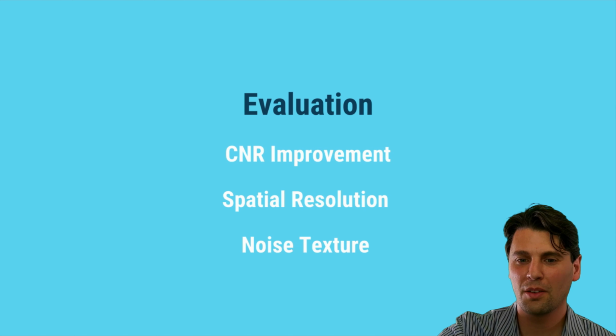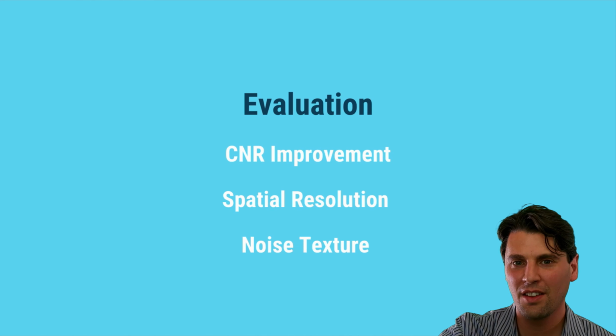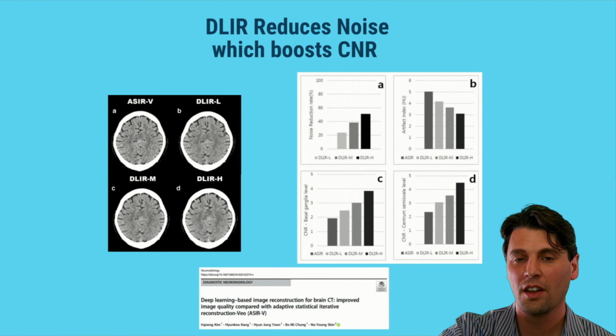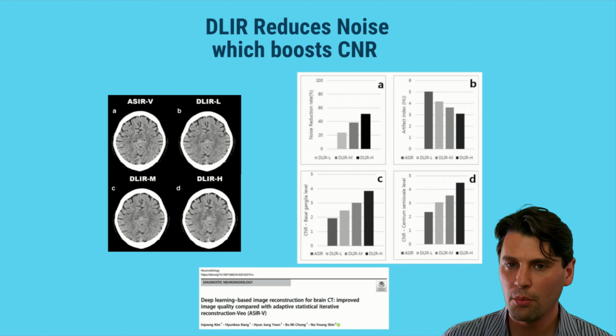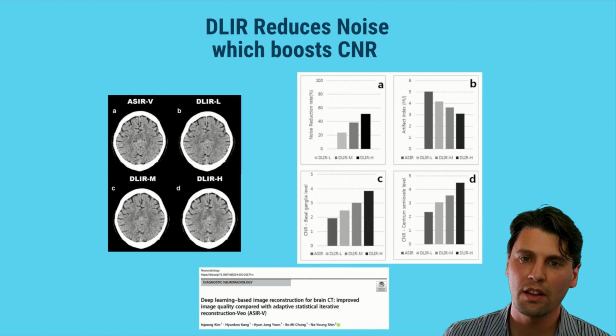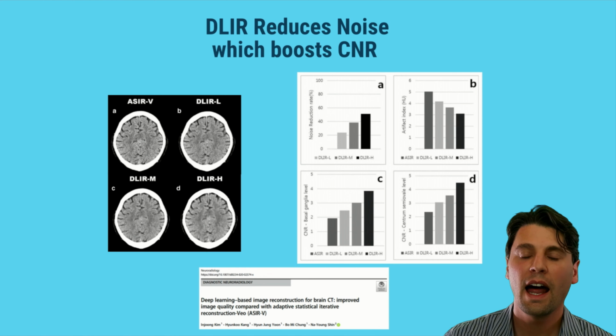The evaluation obviously is important, and the entry ticket here that we talked about for any of these algorithms is to have a reduction in the noise, so namely an improvement in the contrast to noise. So that's been demonstrated in multiple cases, including in the liver and the pancreas. I'm showing you here in the brain, because again, we talk about this being a very challenging scenario.